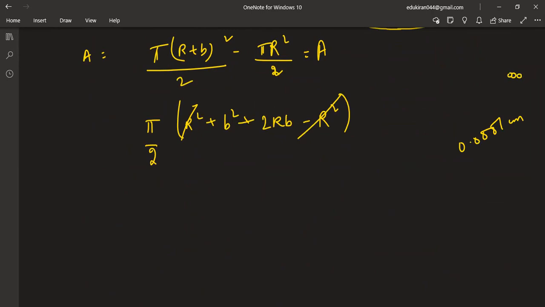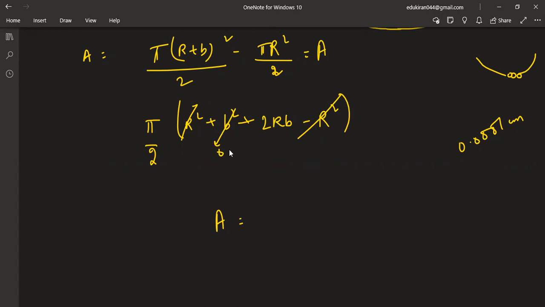The wires are connected in the form of a semicircle, so you can neglect b square, the thickness squared. Area actually becomes this. Now see, this 2 and 2 will also get cancelled.